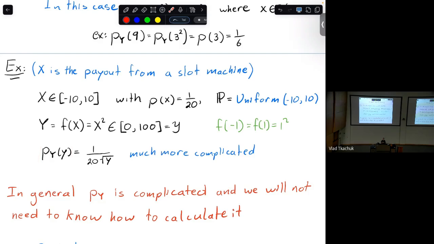We're not going to talk about it in this course because we don't end up needing it. In a few minutes we're going to see that we never really need to deal with this object. But I just want you to know that you can't just directly use the original PMF. If your function maps multiple numbers to the same thing, then you need to handle this differently.